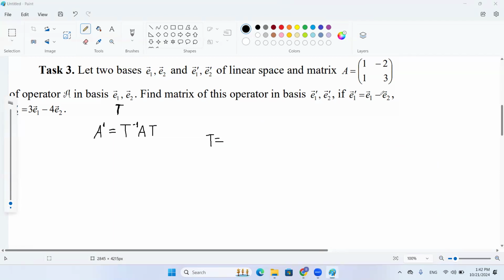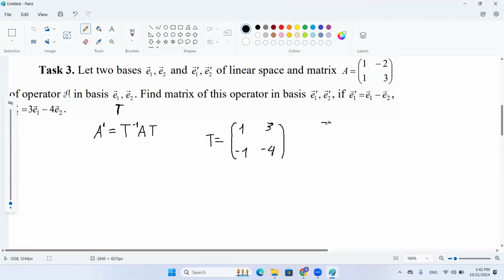So it looks in the next way. We just set vectors as columns for the transition matrix. And now we have to find the inverted matrix.